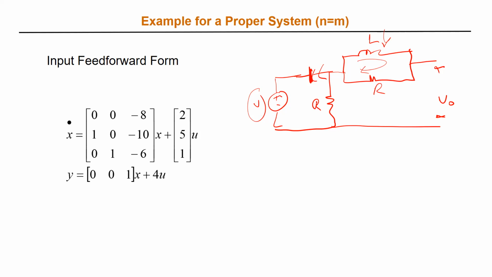Is it clear what's controllable and observable? Yes. If the system is controllable, that means I can control it by tuning the input. Exactly, in finite time. It is as simple as that.